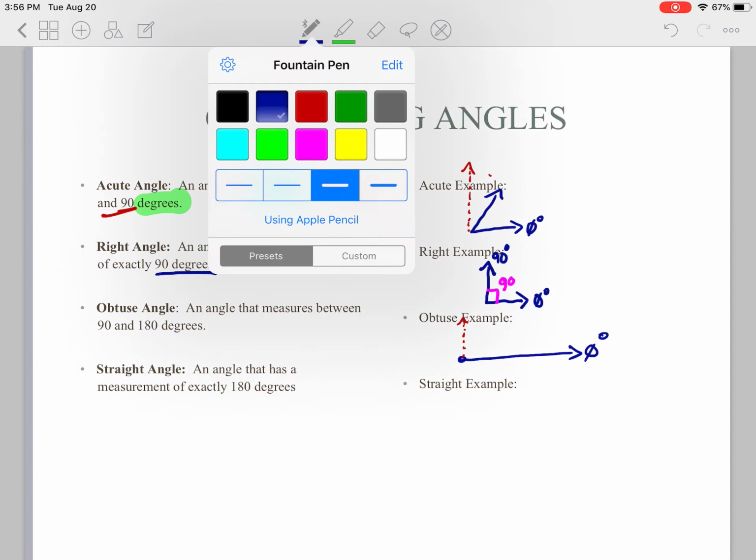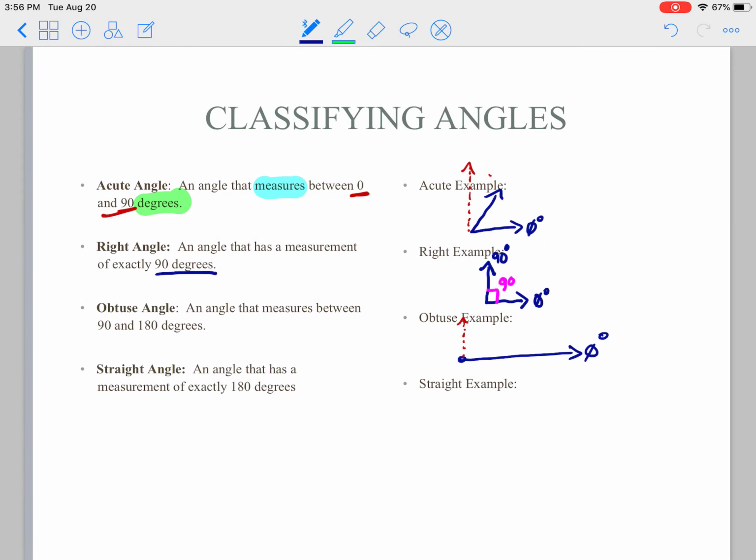Then the other side of my obtuse angle has to be something that is bigger. And it could be any number. It could be 160. It could be 155, 179. It can be anything. It just has to be larger than the 90 degrees.